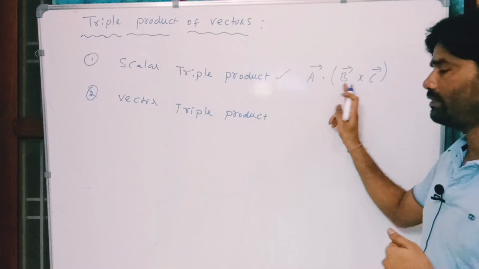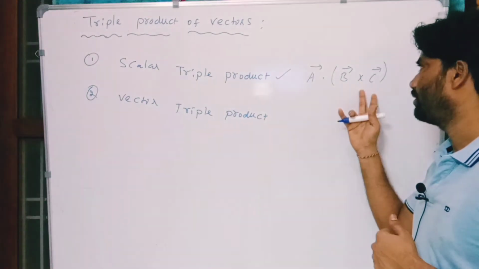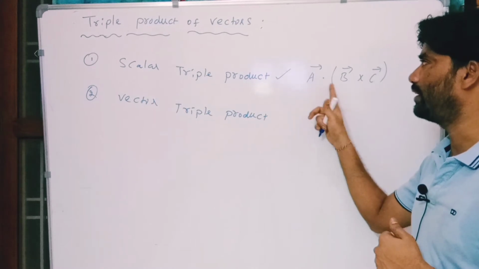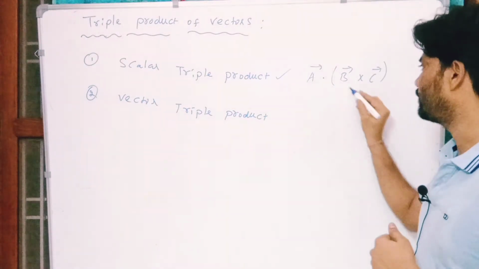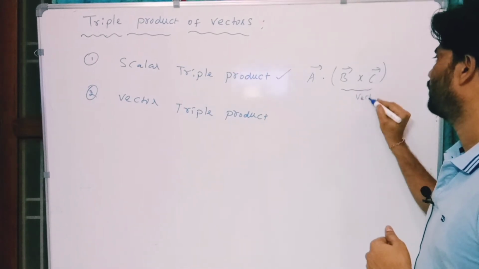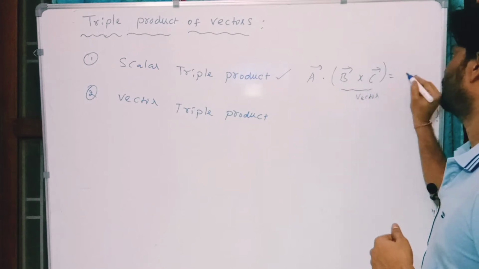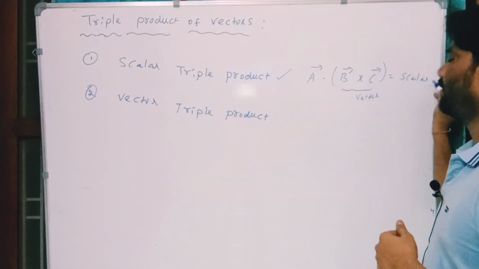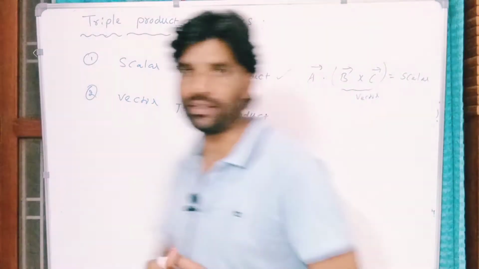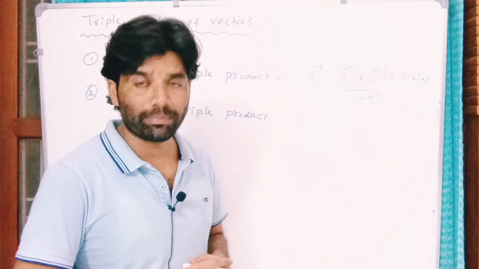The cross product of B and C gives another vector. That vector can be multiplied with this A according to the dot product. This is a vector, this is also a vector. Vector dot vector is scalar. This multiplication of three vectors results in a scalar, so it is called scalar triple product.